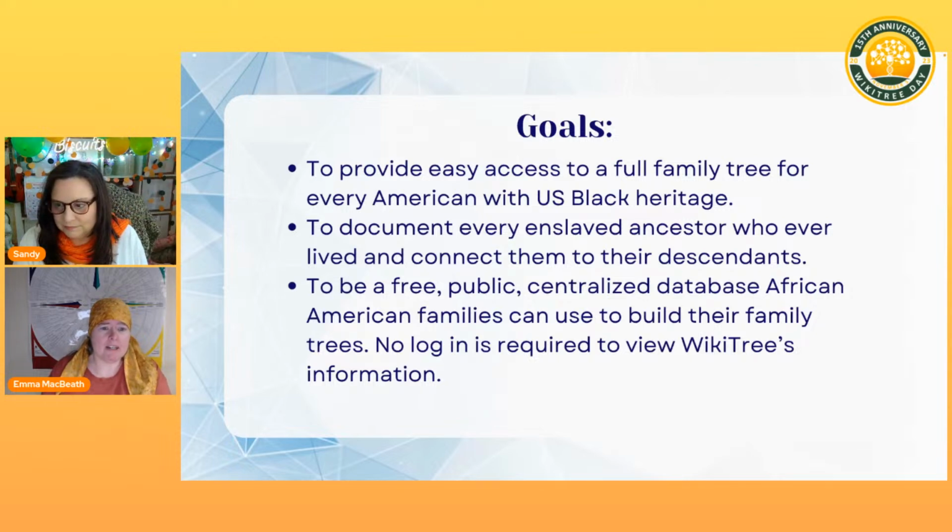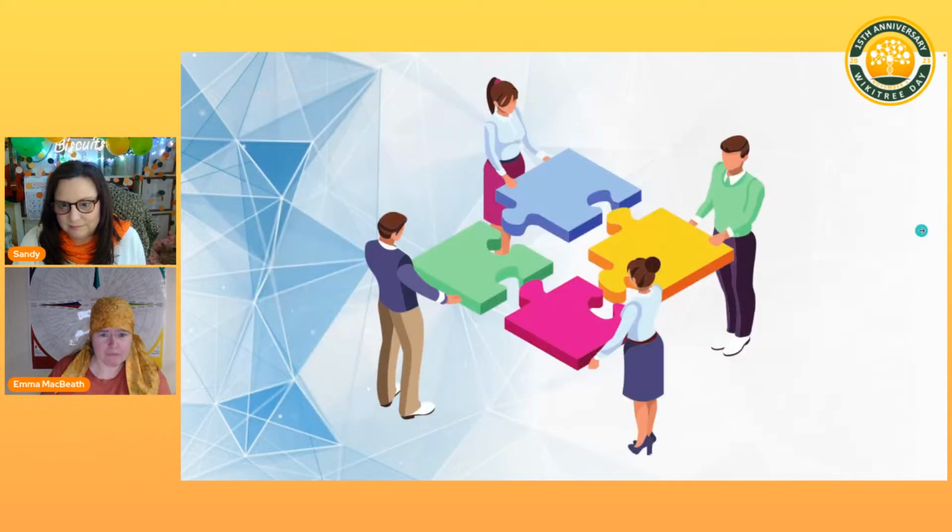And we are building a free public centralized database African-American families can use to build their own family trees. So a starting place. And the beauty of WikiTree is no login is required to view the information that we build. So it's easy to find, easy to see, easy to access the information.